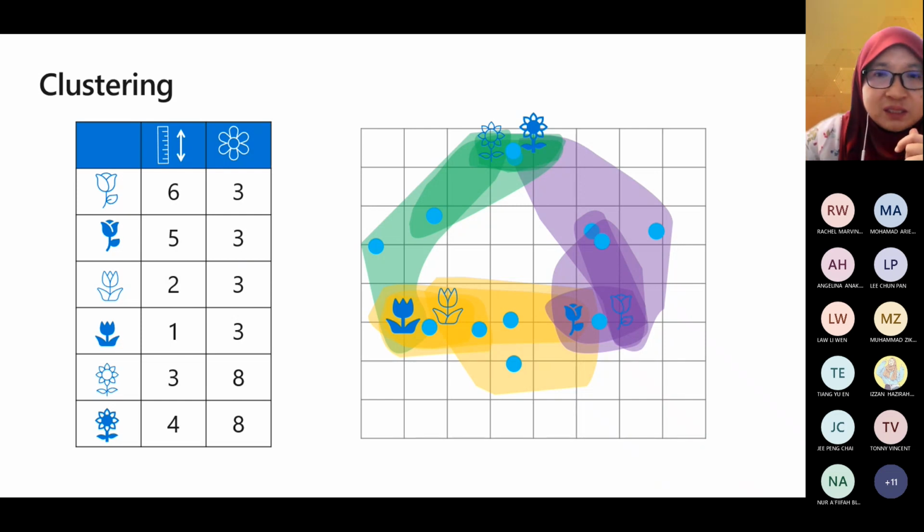Does anyone have an example of clustering, which is unsupervised? A clustering model is a type of unsupervised learning algorithm that groups similar data points together into clusters based on certain similarity criteria.